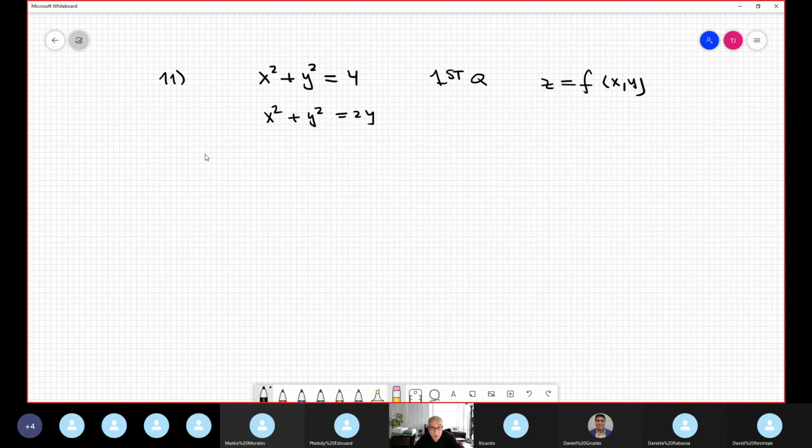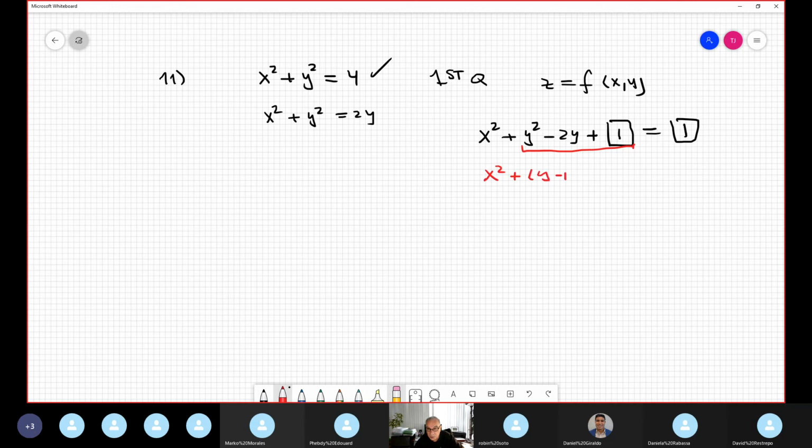This one is super clear, but this one is confusing. But it's okay: x squared plus y squared minus 2y plus the number that completes the square equals the number that completes the square. And the number that completes the square is obviously 1. Where does this 1 come from? 2 divided by 2 is 1, squared is 1. When you do this, the trinomial is a perfect square, and the answer is x squared plus (y minus 1) squared equal 1. And you see, wow, it's clear for me now. This is a circle.